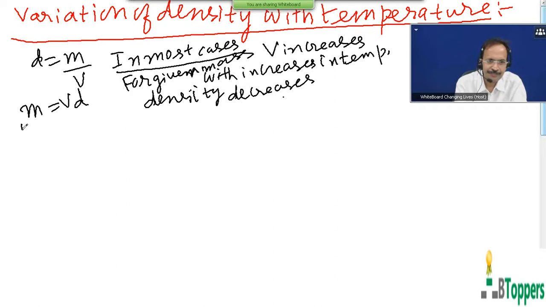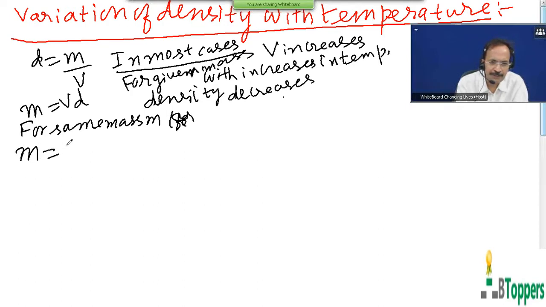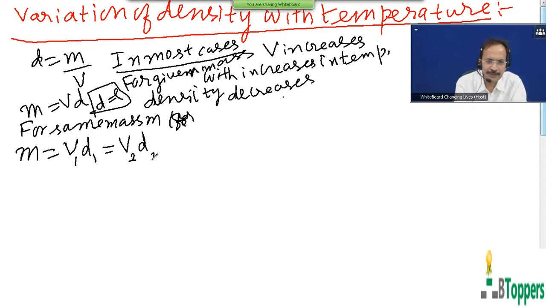So for the same mass m of the given material, if V1 is the volume at one temperature T1 and D1 is the density, you can use D or rho to denote density, any one of the letters, at temperature T1. And V2 is the volume of the same mass of substance at a higher temperature T2, and D2 is the density at temperature T2.